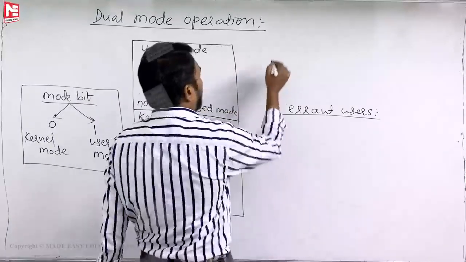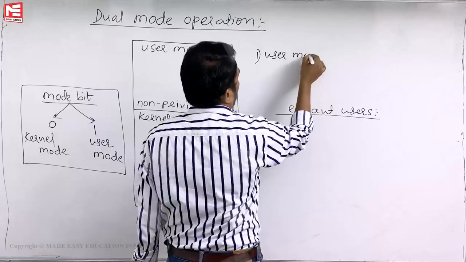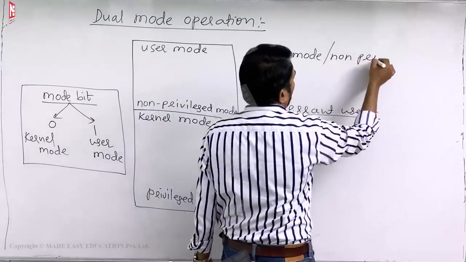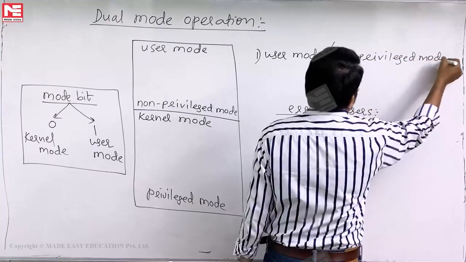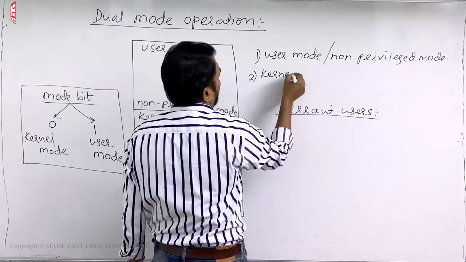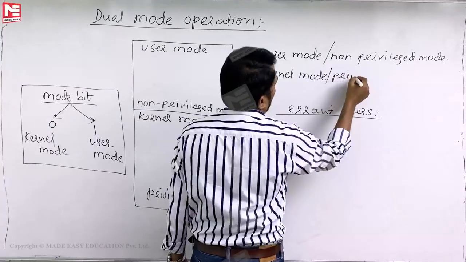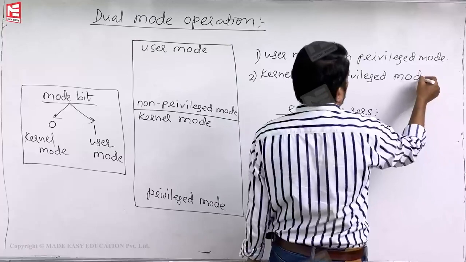So what is the dual mode? Note down. Next line mein likho. First one, user mode, or it is also called non-privileged mode. Second one is kernel mode, privileged mode.